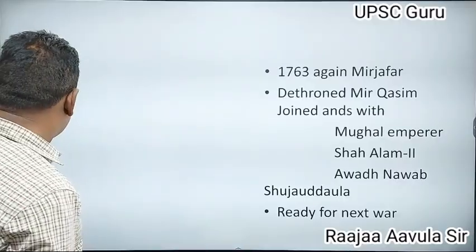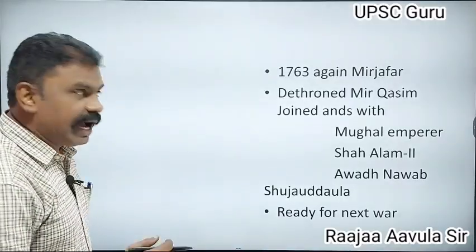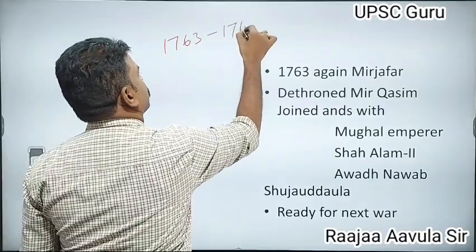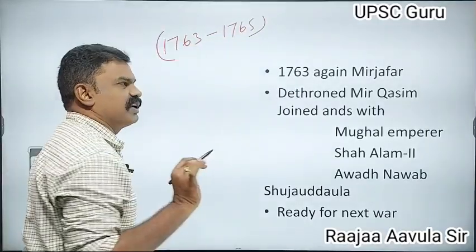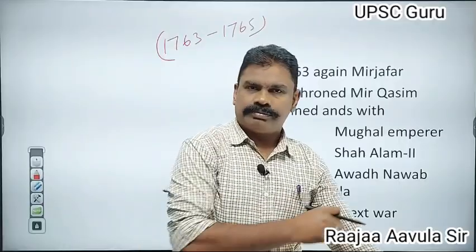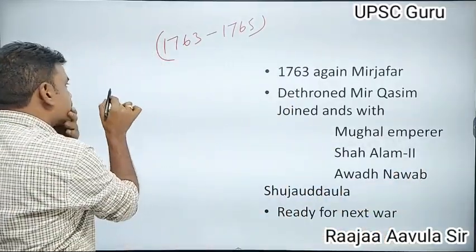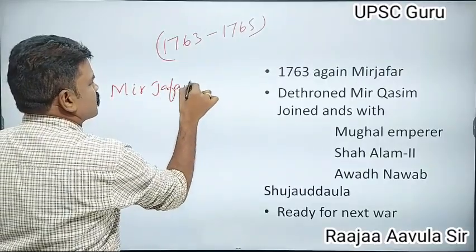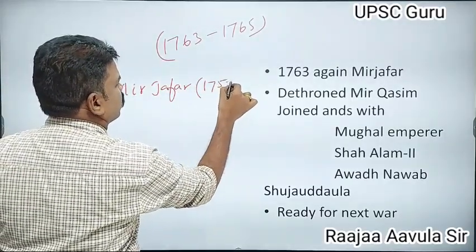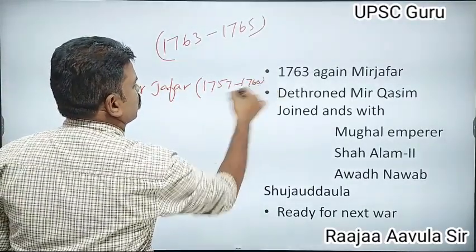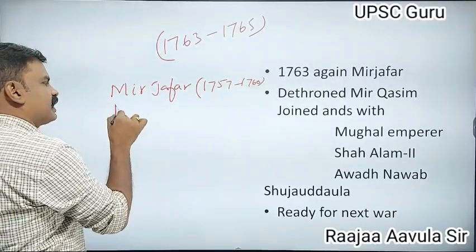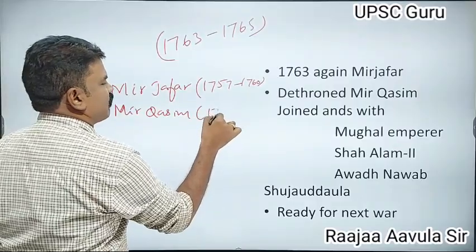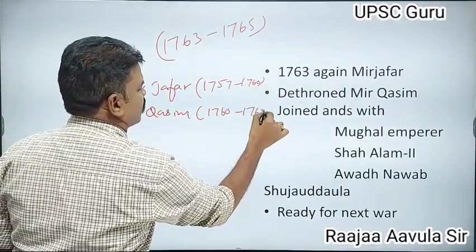After this, in the year 1763, the British East India Company again appointed Mir Jafar as Bengal Nawab. Mir Jafar was Bengal Nawab from 1757 to 1760. Next, Mir Qasim was Bengal Nawab from 1760 to 1763.